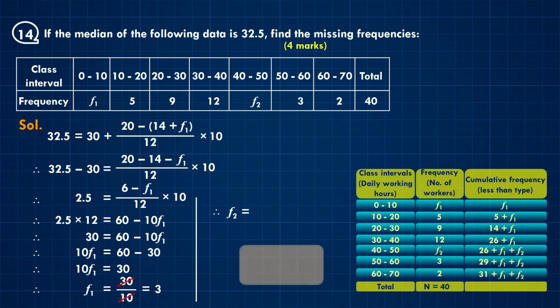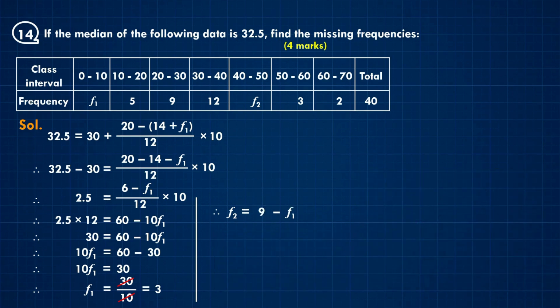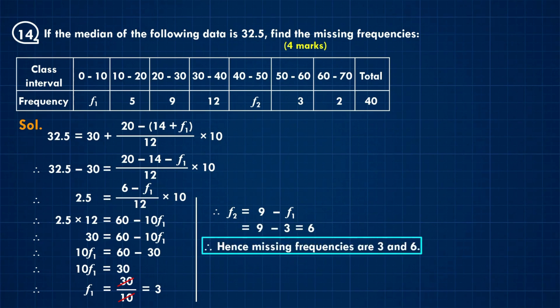Okay. Now what will be the F2? If you take a look at the table, the last cumulative frequency is 31 plus F1 plus F2, and we know that that is going to be the total frequency, that is N. So that is equal to 40. Now we just put the value of F1 in this equation. Okay. And finally we get the value of F2. So the missing frequencies are F1 equal to 3 and F2 equal to 6 over here.